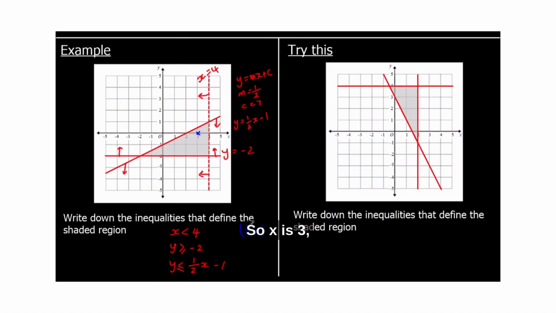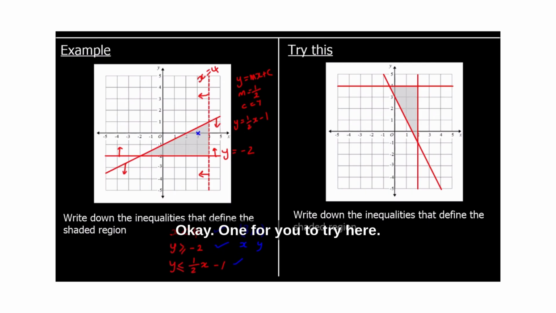So x is 3, y is 0. So 3 is less than 4. That's true. 0 is bigger or equal to -2. That's true. And 0 is less than or equal to half of x minus 1. So half of 3, 1.5, minus 1 is half. So 0 is less than half. That's true.